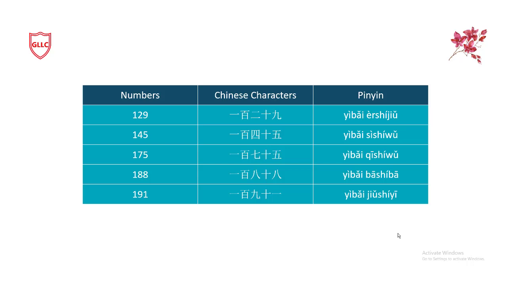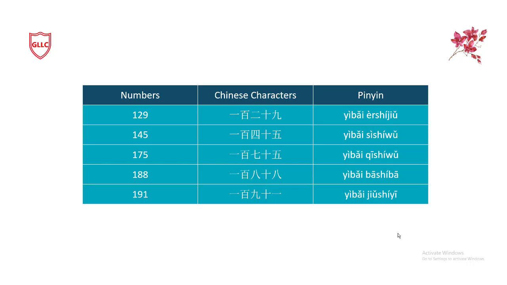Some other words, like 129. If you remember, I already explained 29, how we pronounce it: 2 times 10 plus 9. 29 means 29. So if I say 129, I just add the word for 100 at the start. 129. I hope you got this point. Next is 45.